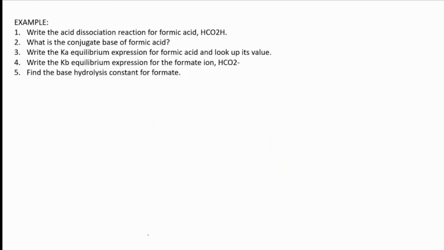Okay? So let's continue the example, and we will continue the discussion on Thursday. Earlier we got items 1 to 3. Determine that the conjugate base of formic acid is formate.